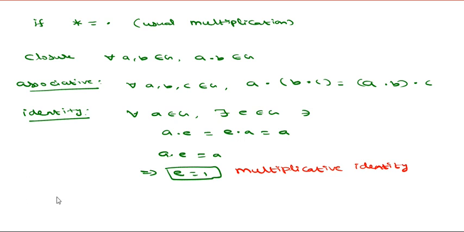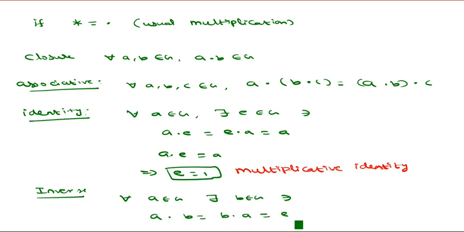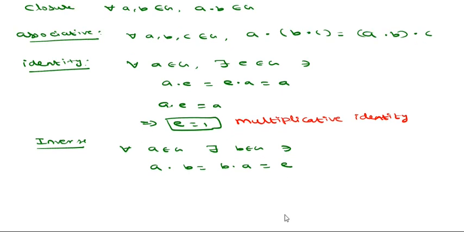So next, inverse. For every A in G, there exists a unique B in G such that A into B equals B into A equals E. So here E is the identity element and E is 1.